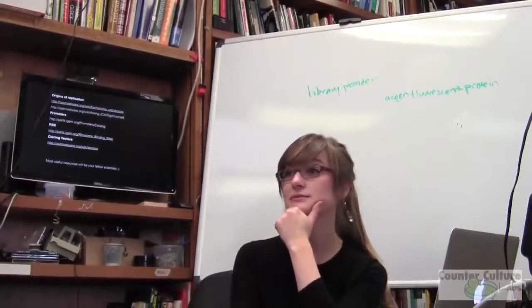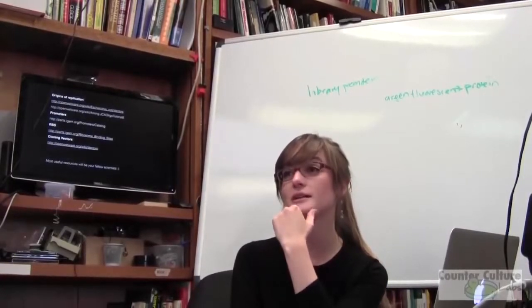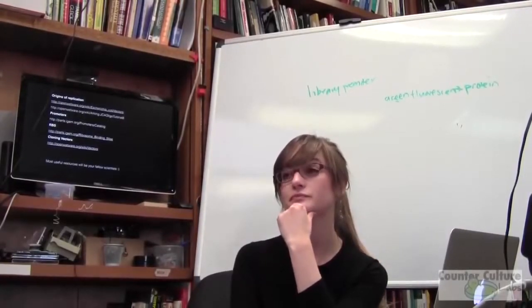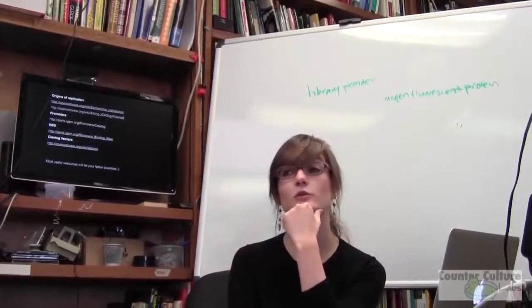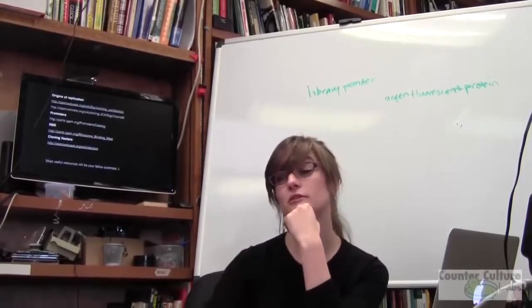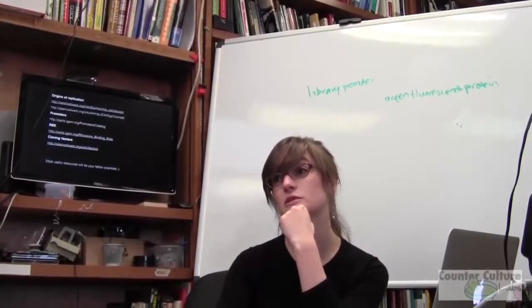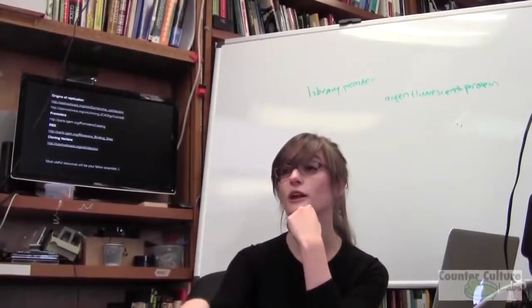Sorry to interrupt. I'm fuzzy on the difference between a promoter and an RBS. Because I thought a ribosome is what makes copy DNA? Ribosome is for protein translation. So you have the promoter that's going to drive transcription of your gene, so it's going to make the RNA. And then you have the ribosome binding site, where the ribosome sits in order to make protein off of that RNA.